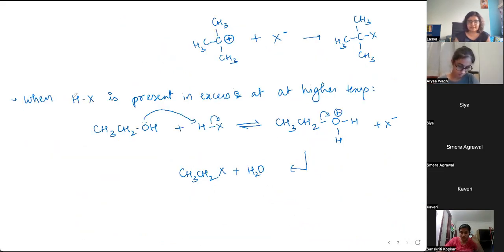In the excess HX case, you get the alkyl halide from both the alkyl groups. Whenever you have questions related to this, pay attention to whether you have excess HI. If the excess is not mentioned, then you get alcohol plus alkyl halide.